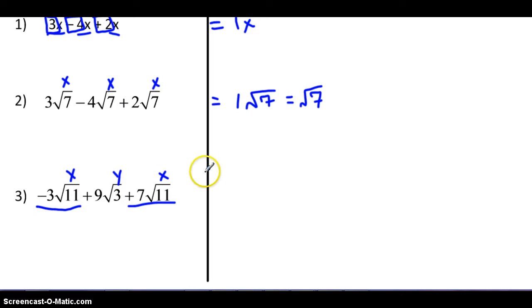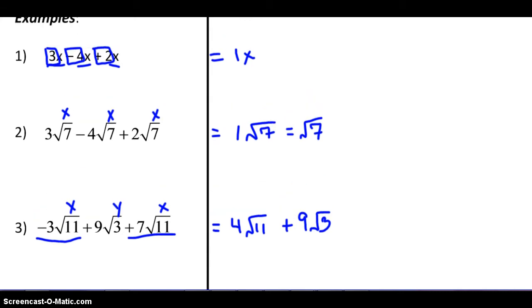You're giving it a different variable. So negative 3 square root of 11 plus 7 square root of 11 gives me 4 square root of 11. However, I cannot combine that with the 9 root 3, so I'm going to leave that separate, and there it is. My 2 separate pieces. I can't combine it any further.